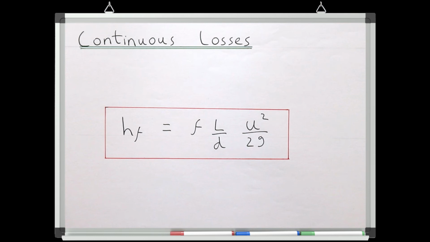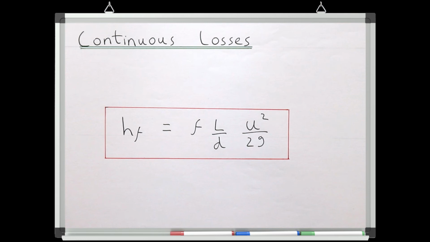L is the pipe's length, D is the pipe's diameter, and U squared over 2G is the velocity head in the system. So for our system, we know the velocity, we know the length, and we know the diameter. But the one thing we don't know is what this friction factor is. This factor that's going to quantify how much energy we've lost due to friction and turbulence.